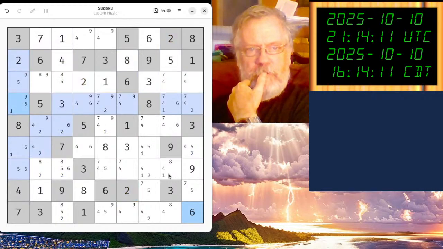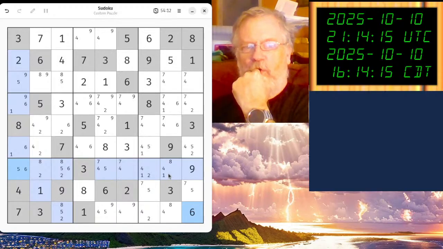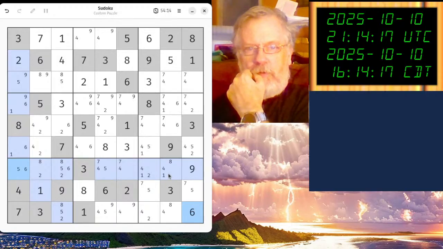5, 9, 1, 6, 9, 1, 6, 5, 6. And nothing restricting the 1s or the 6s, or, well, the 9s are a little bit restricted, but not in a way that I can use offhand.